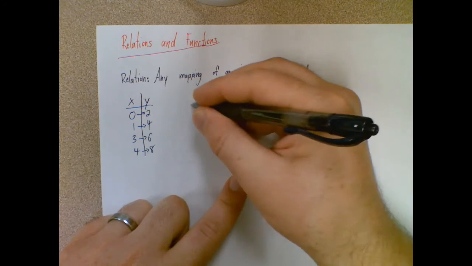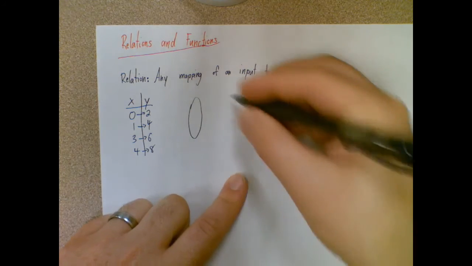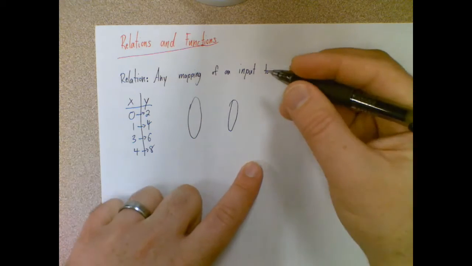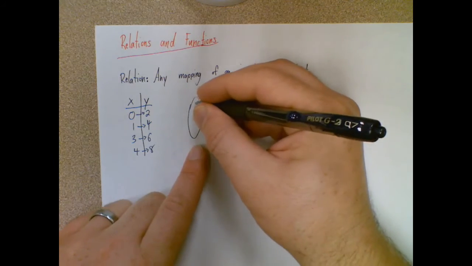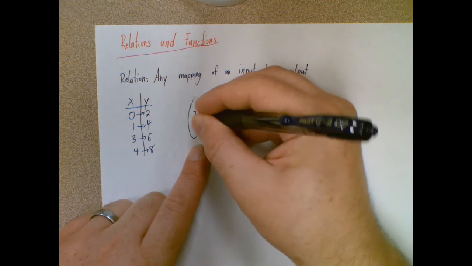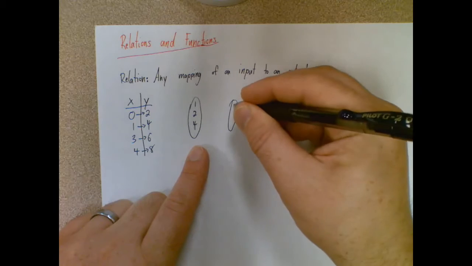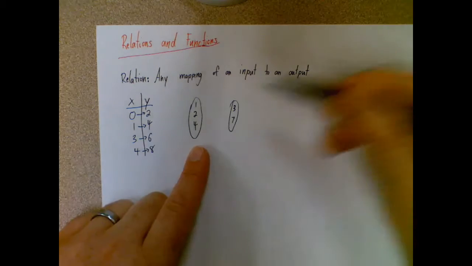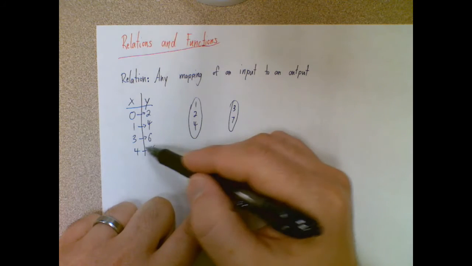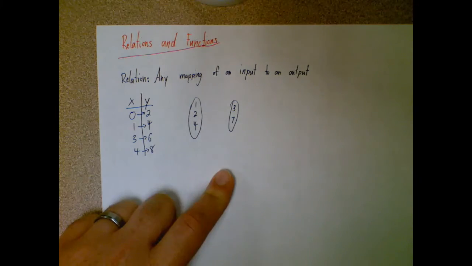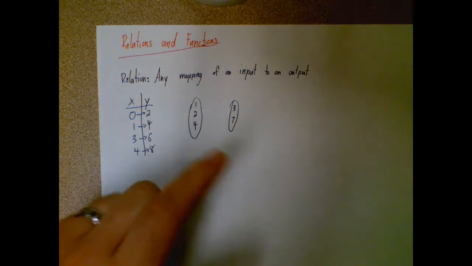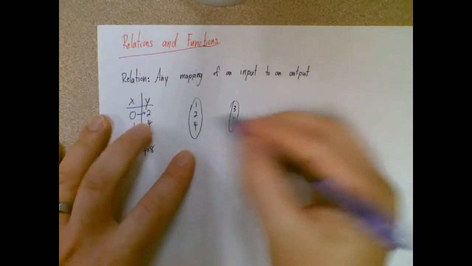We also see things that are actually called maps, where we have these two ovals, and we'll have numbers in here. So let's say 1, 2, 4, and let's go with 3, 7. Now with the ones on the tables, they're always going to have the same number for all of them. On a map, that is not necessarily the case, because you don't have repeat numbers here.